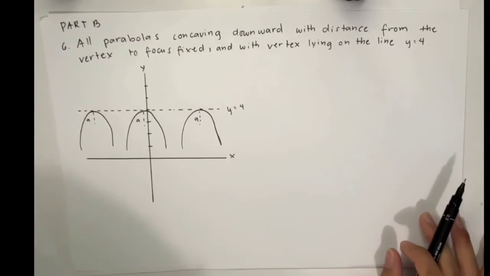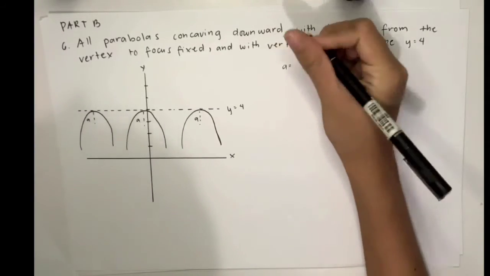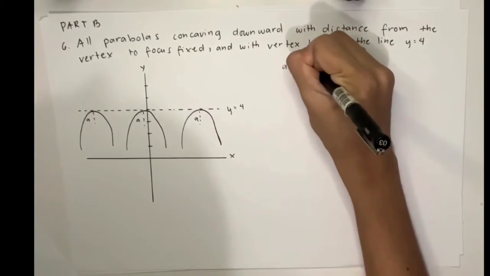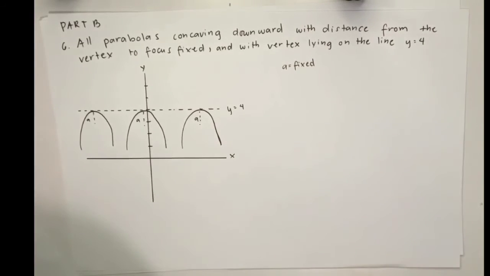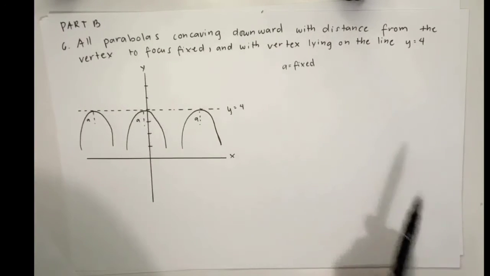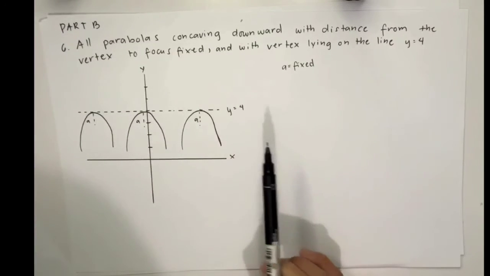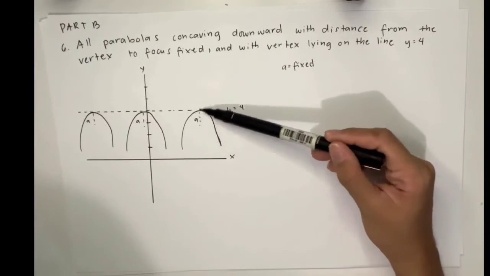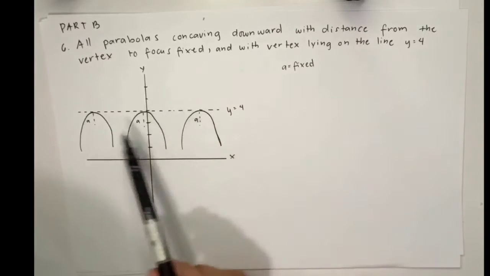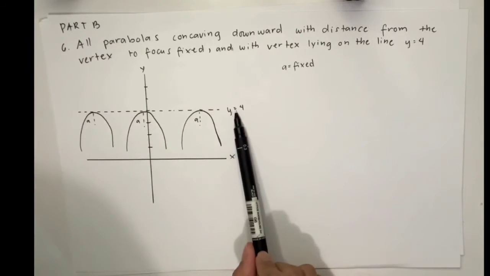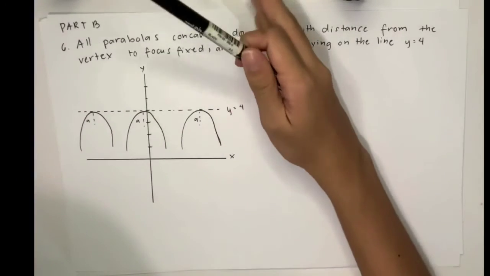Then we can say that a is fixed, so it is not an arbitrary constant. We can also notice that there is no vertical shift because the parabolas all lie on y equals 4.